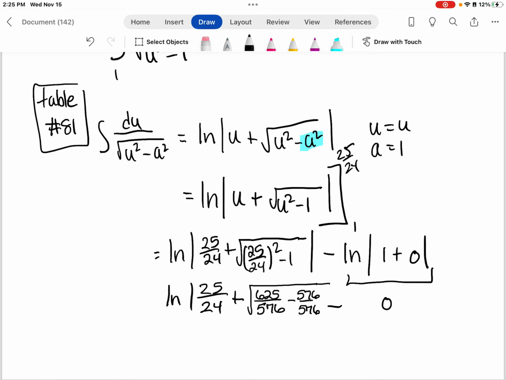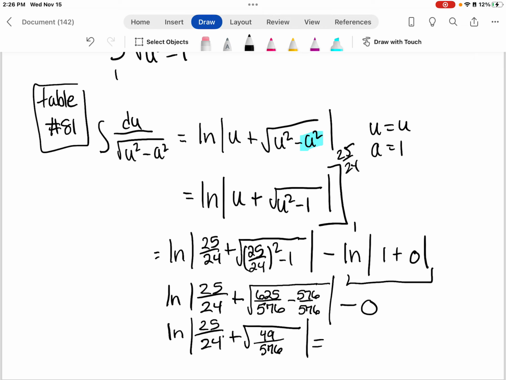So this is going to be 576 over 576. All right, so now I have the natural log of 25 over 24 plus the square root. Now when I take 625 and I subtract 576, that's going to give me 49. I'm going to have the square root of 49 over 576.